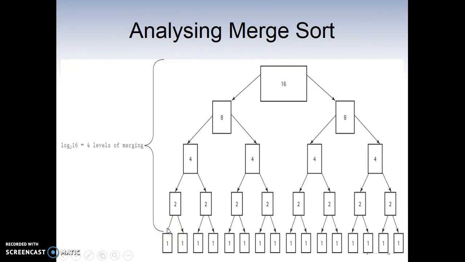So the efficiency comes to log 16 base 2, which gives you 4. So the efficiency is going to be log n. This is 16 as the n. We only do 4 levels.